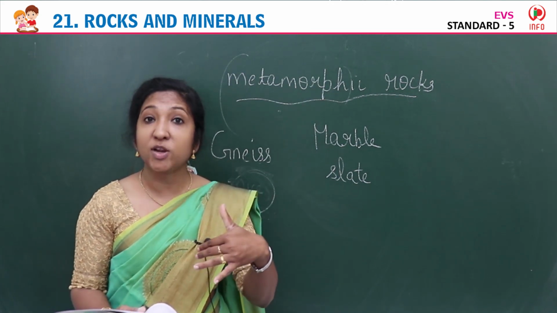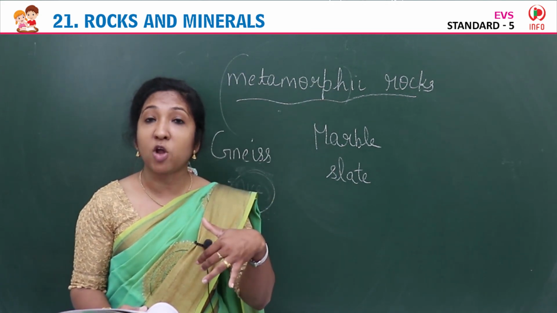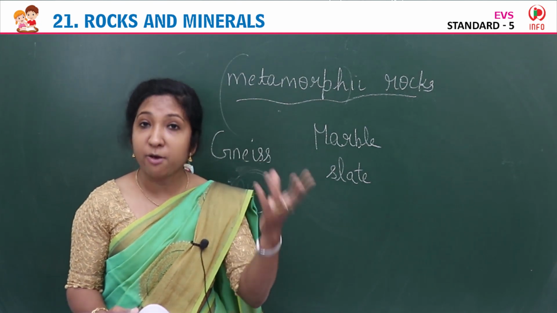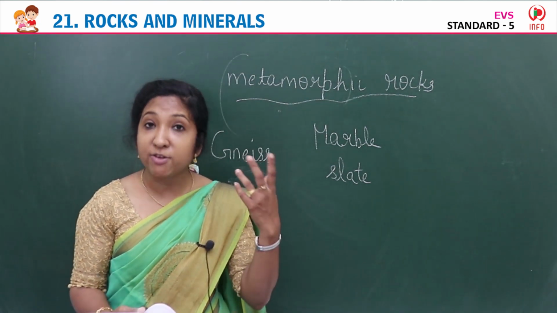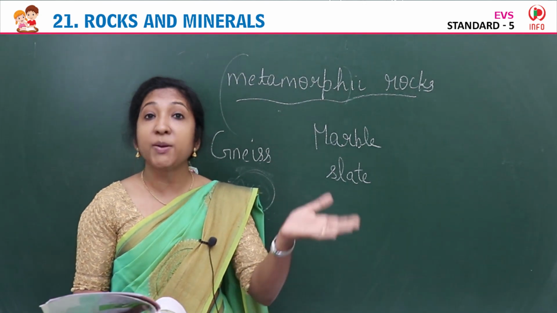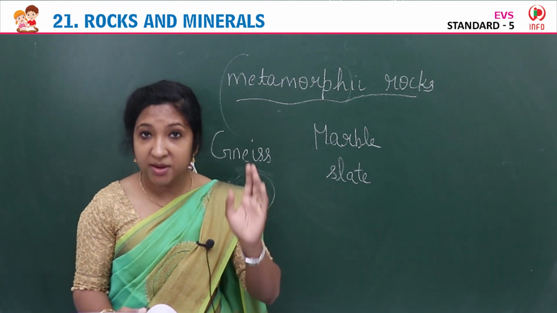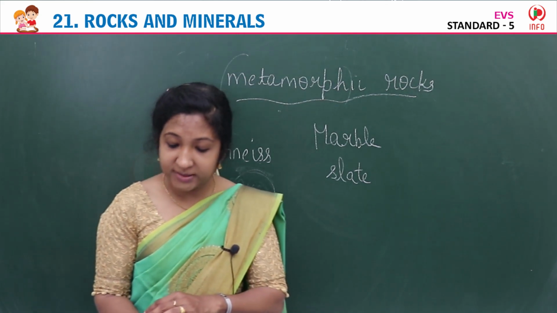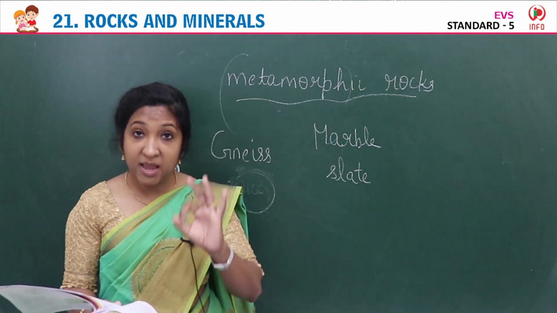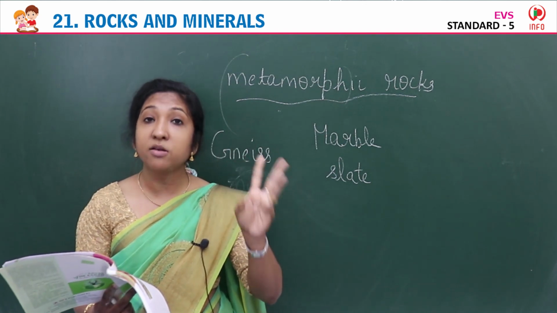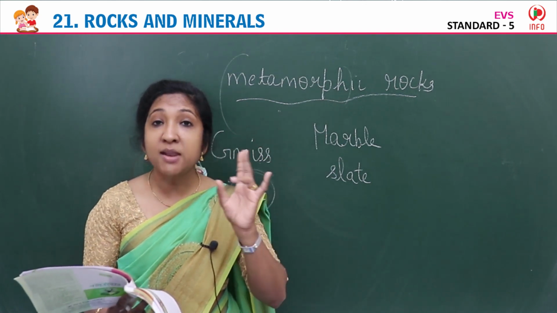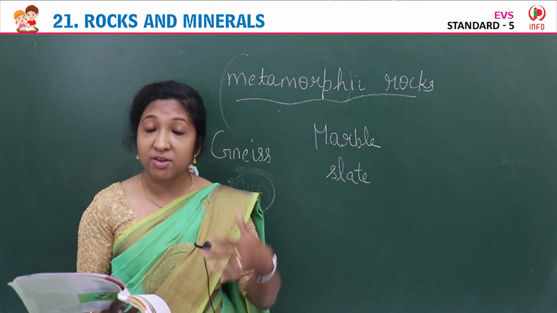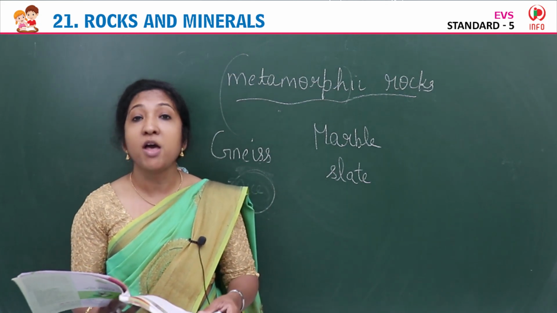Earth gives us land to live on and also soil to grow crops, and the earth's crust is made up of rocks. Rocks are of different types, and rocks are made up of chemical substances called minerals. We learned about different types of rocks, and three among them are igneous rocks, sedimentary rocks and metamorphic rocks, and we learned examples of all types.